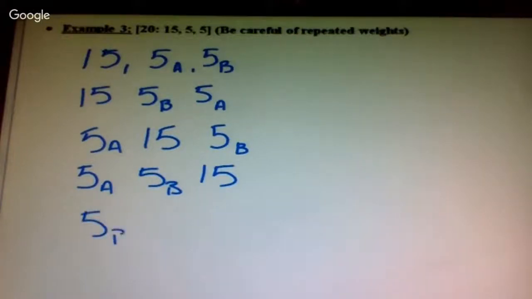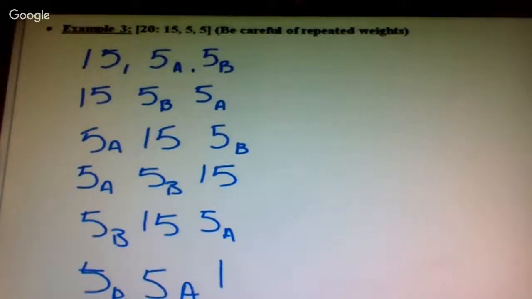And then we've got our 5B's. So 5B, 15, 5A, and 5B, 5A, and 15. Just remember, if I've got 3 players, that means I've got 3 factorial coalitions, which means I should have 6. 1, 2, 3, 4, 5, 6.